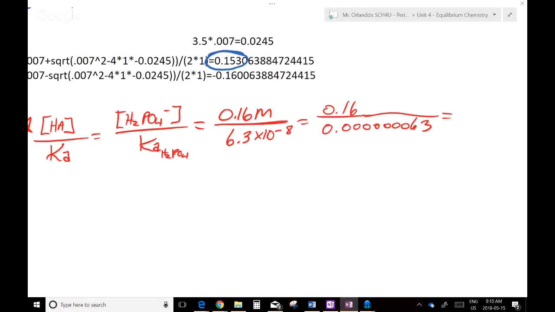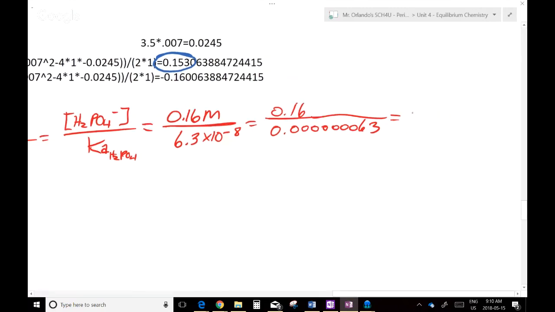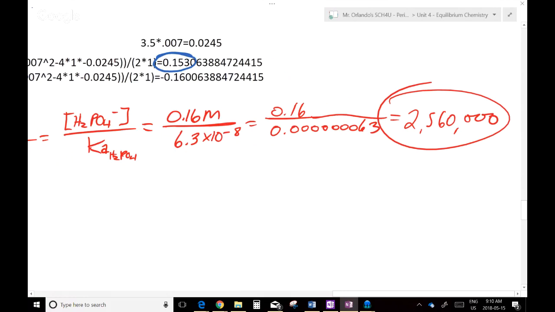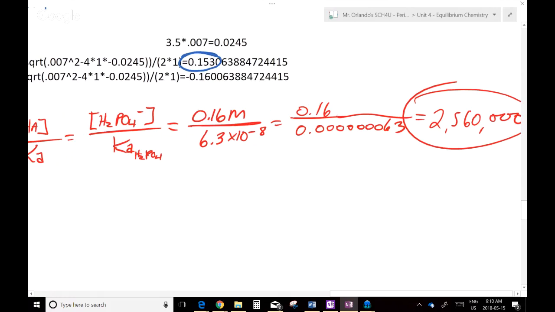Probably. I have an E button that I use, and I don't even know what it is. It's right there. Oh, it's 2 million. Yeah, 2.5. Okay. So that number is really, really, really big, which means this passes the test.